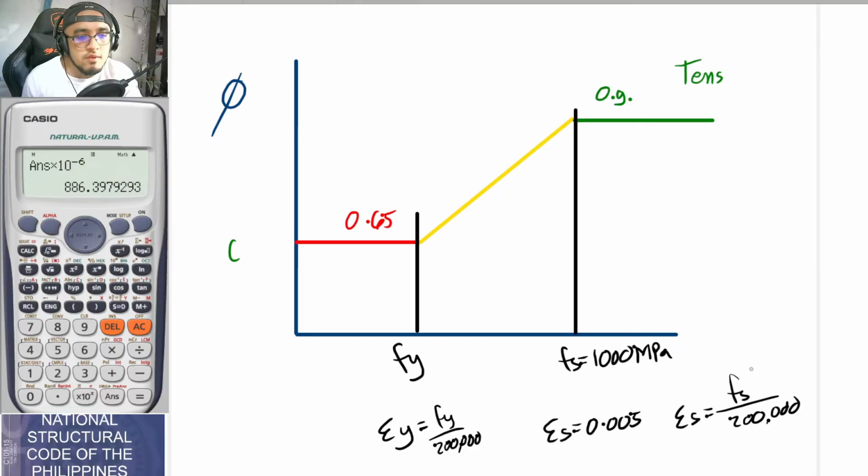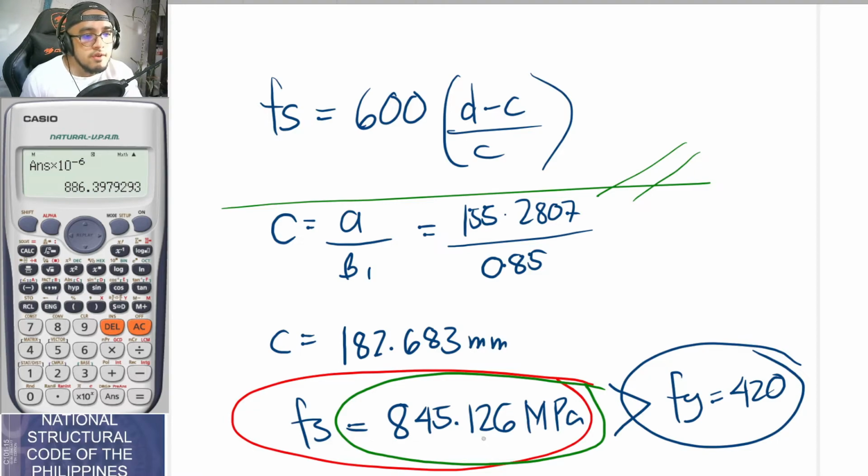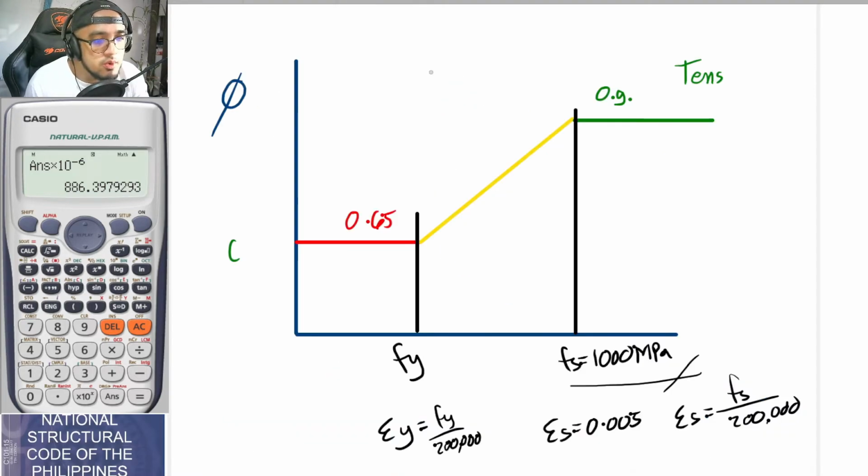And if you would be solving for Fs, given that strain S is equal to 0.005, your answer would now be equal to 1,000 megapascal. And earlier when we were solving, the value for your Fs is equal to 845.126. So with that, guys, the location here should be at this point, approximately here.